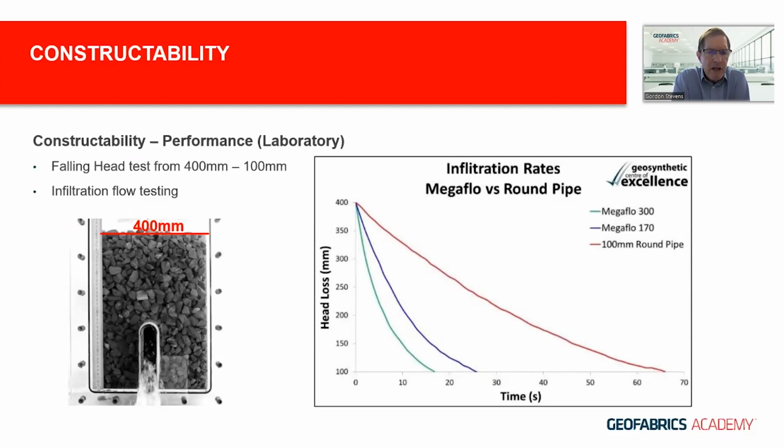So the Megaflo is able to remove that water out of that pavement or out of the drain a lot quicker. And this will be highlighted later on. And as we've already attested to earlier on, we want to keep that pavement as dry as possible and reduce the time for saturation.